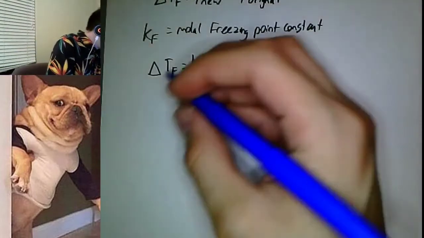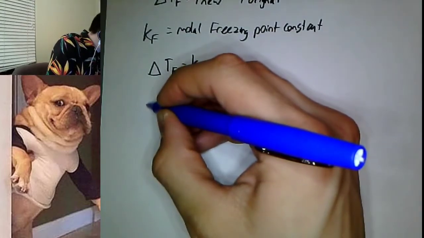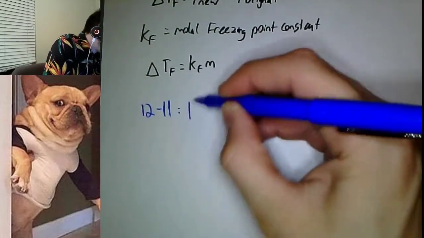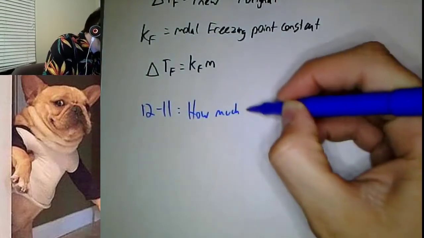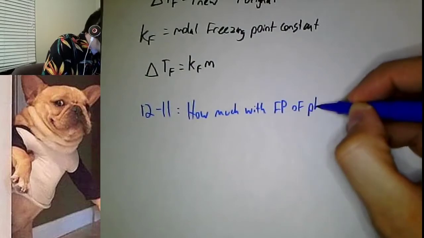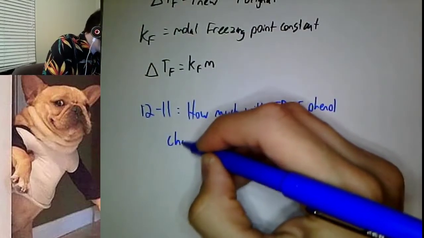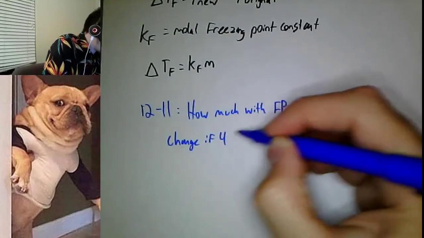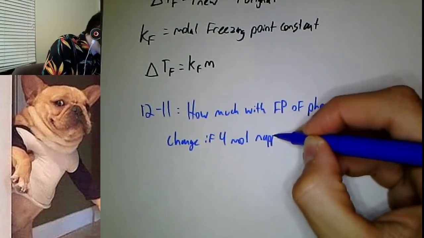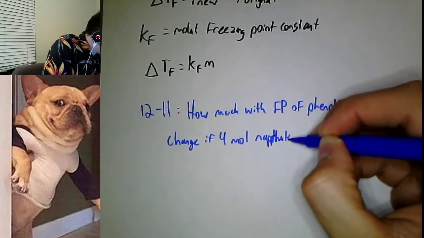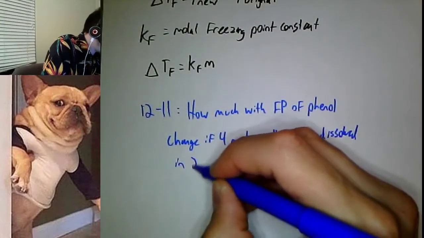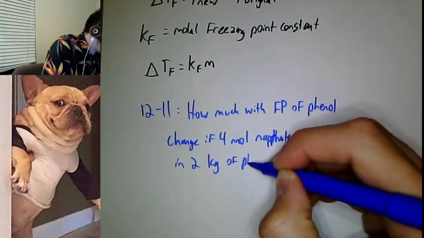Let's do it. So, page 324 on 12-11, the example problem. It asks, how much will the freezing point of phenol change if 4 moles of naphthalene are dissolved in 2 kilograms of phenol?